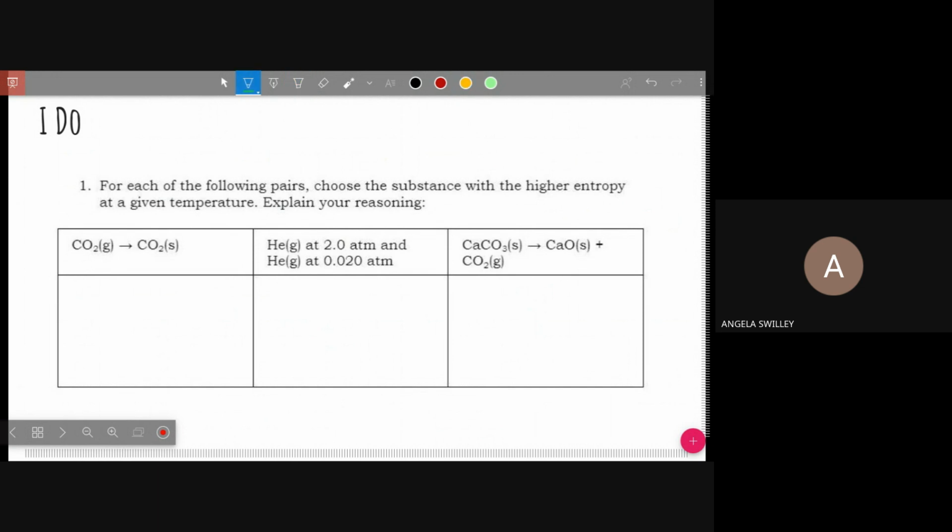In this one, the CO2 gas has the higher entropy, since the gas state has particles in a more random arrangement.